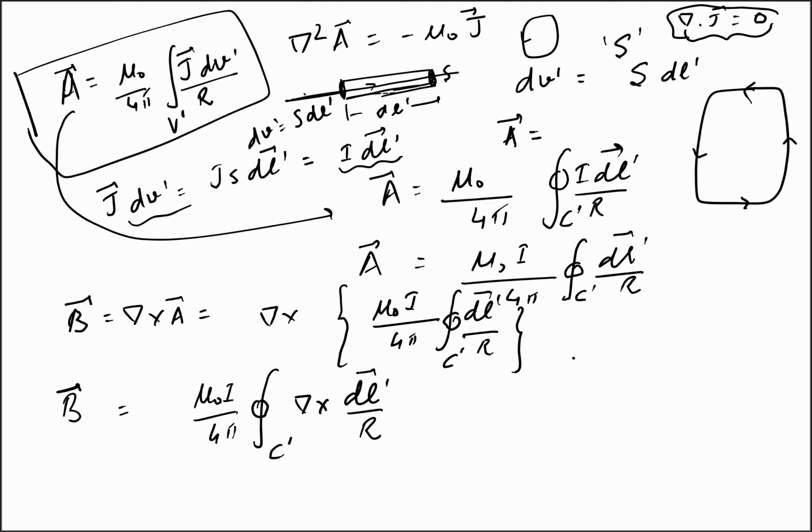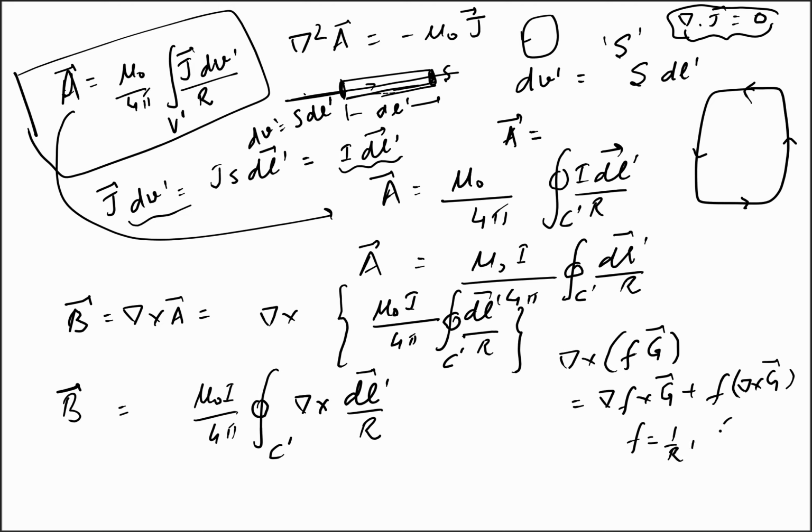Now we will utilize the identity del cross of a scalar f times a vector g is equal to del f cross g plus f del cross g. For our case, f is equal to 1 by r and g is equal to dl dash.